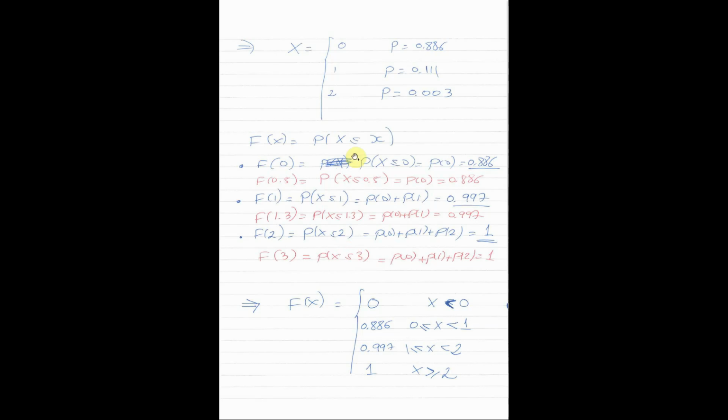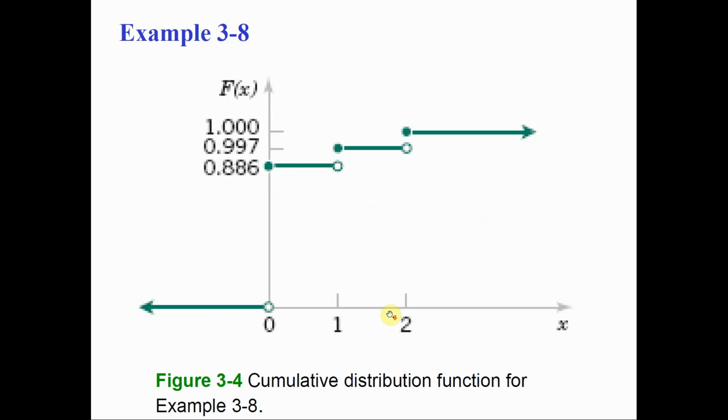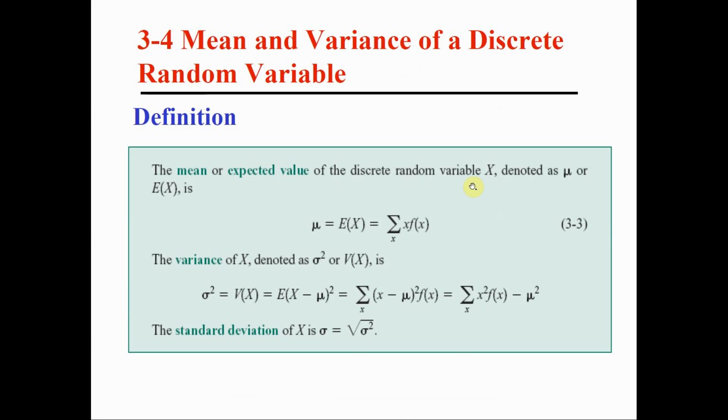It's very easy. We have a discrete variable. We get the cumulative at 0 and 1 and 2. First probability at 0, first plus second at 1, first plus second plus third at 2, and in between, it stays fixed. We can express it analytically in that way, or we can draw it in that way.